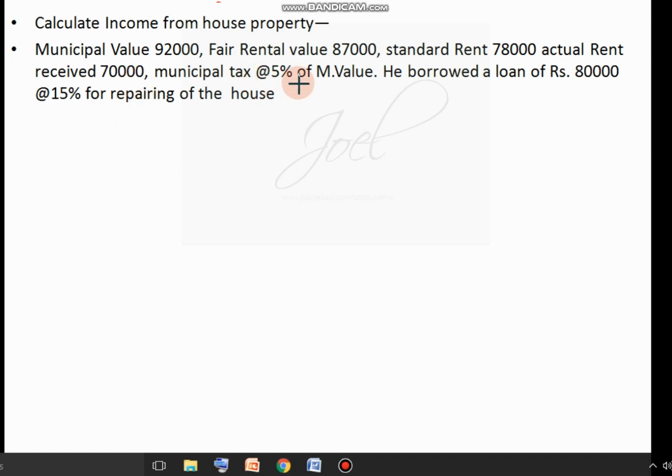From this, municipal tax is to be deducted. Here it is given municipal tax at 5%. Municipal value is 92,000, so 92,000 into 5% we are supposed to do. If you do 5% of municipal value, you arrive at an amount, and that will be our municipal tax, which is to be deducted.